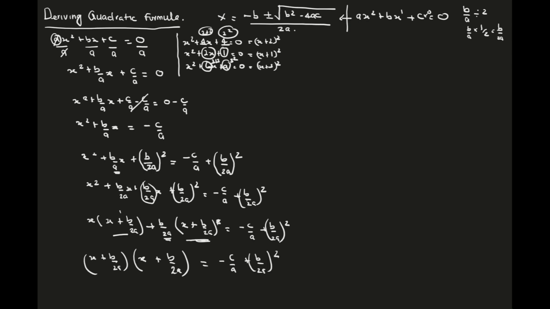And then we can see here that what we've created for ourselves is a square. So here x plus b over 2a, we square it, is equal to minus c over a plus b over 2a squared.